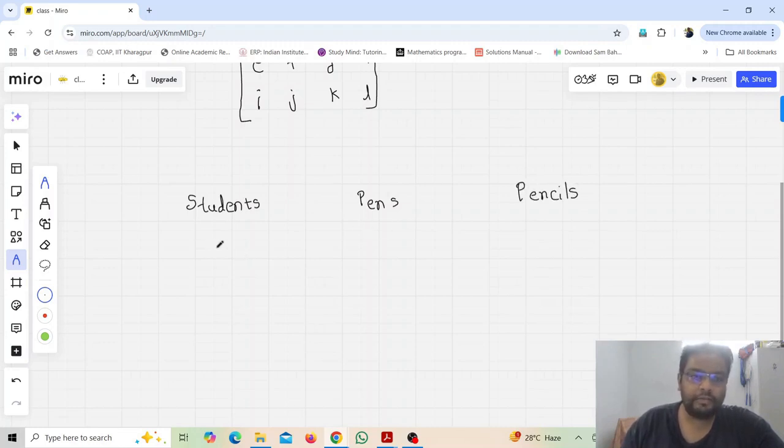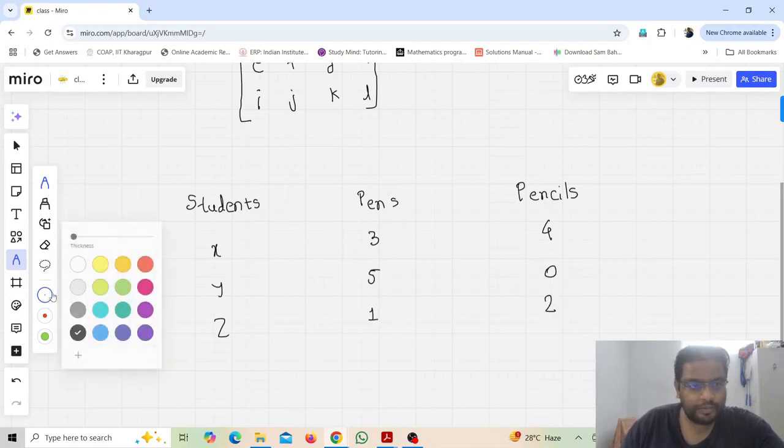So let's say we have three students, X, Y, Z, and again this is a toy example, so please bear with me for now. So let's say X carries 3 pens, 4 pencils, Y carries 5 pens, no pencils, and Z carries 1 pen, 2 pencils.